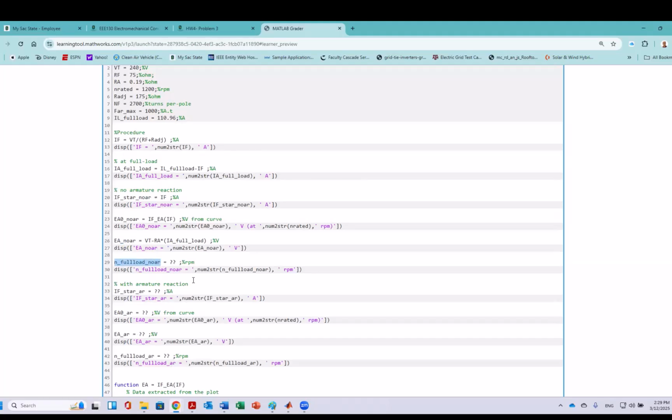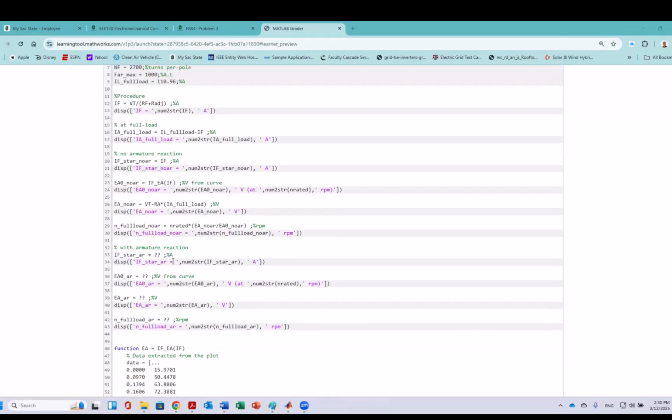So the relationship between the two should be N full load equal to N rated times EA with no armature reaction divided by EA0, because full load over the rated should be the same as EA over EA0.